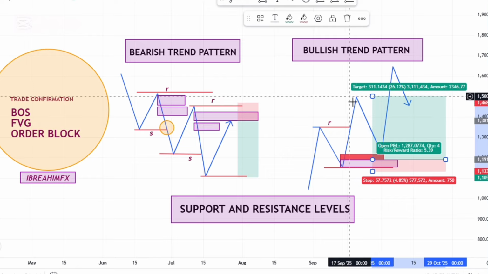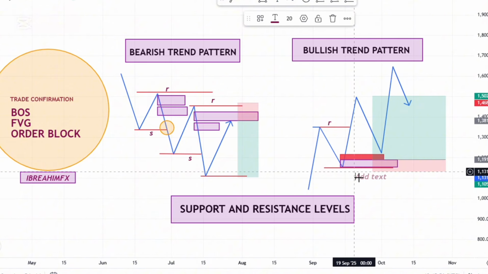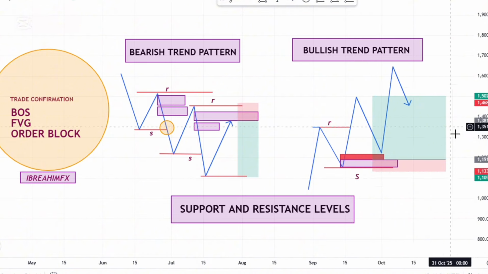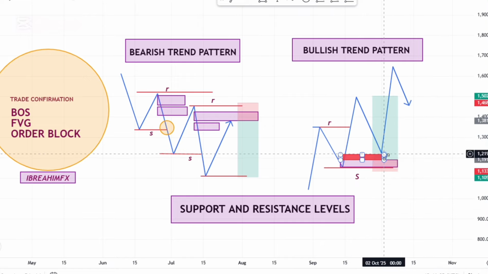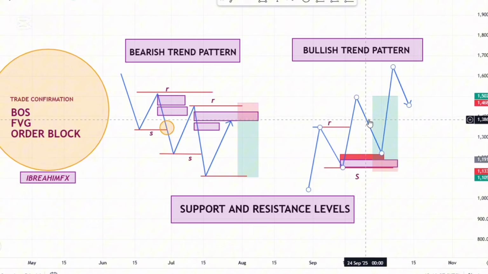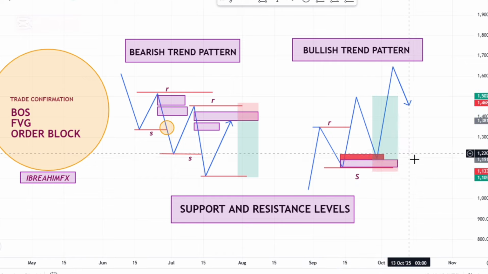At the last resistance level, this is our support level. So after the market reverses back, the market has to fill the fair value gap.